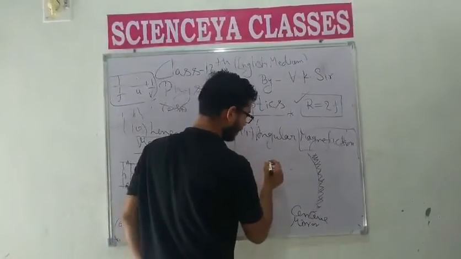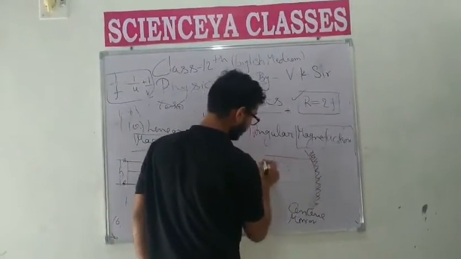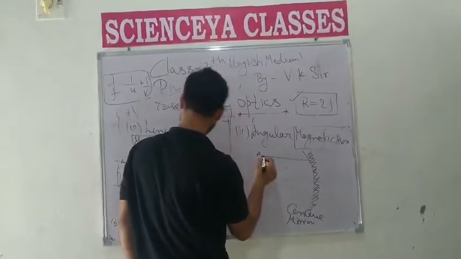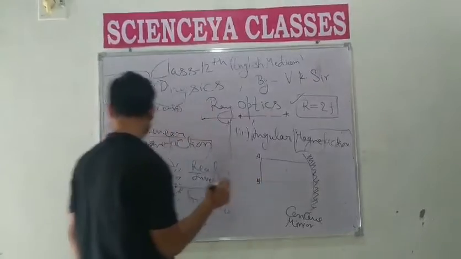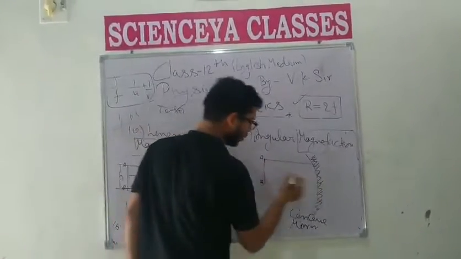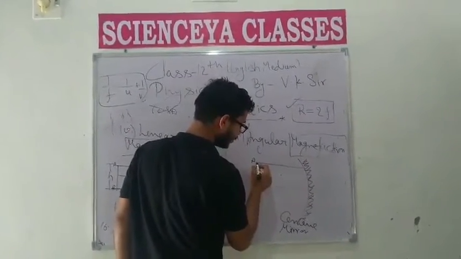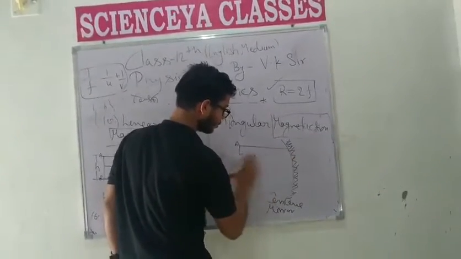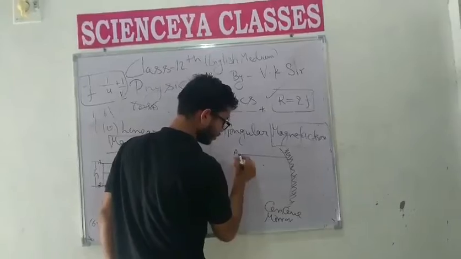So student, again suppose this is an object AB and two rays of light are incident on the surface of a concave mirror like this way, like this, like this.